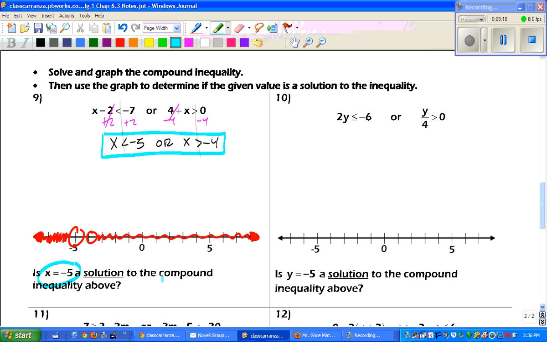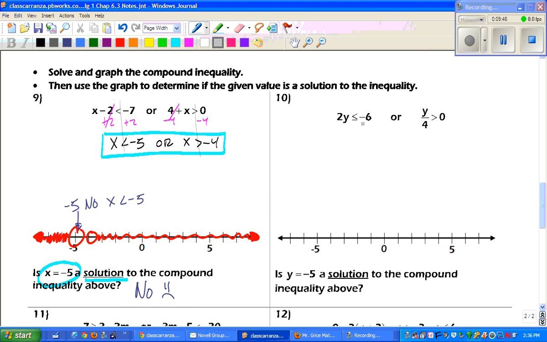Is x equals negative 5 a solution to the compound inequality? So let's take a look. Negative 5. Is that in the solution? Well, no, because x has to be less than negative 5, not equal. Okay? So the correct answer to this would be no.